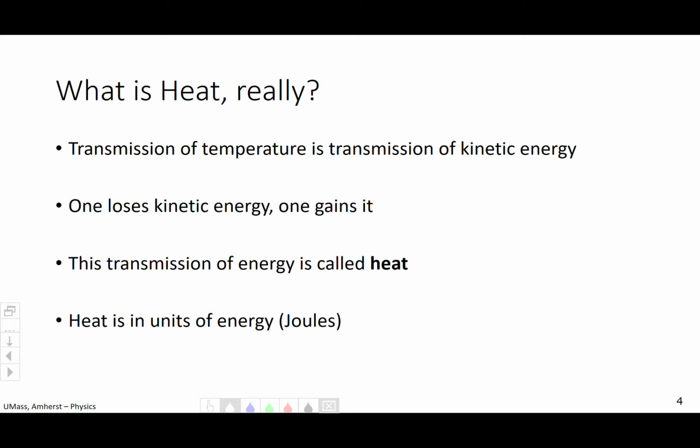And because it's energy, heat is in joules, which is the unit of energy. A calorie in food is a unit of energy. It is a certain number of joules. So when you eat a certain amount of food that has a certain number of calories, that is also energy.